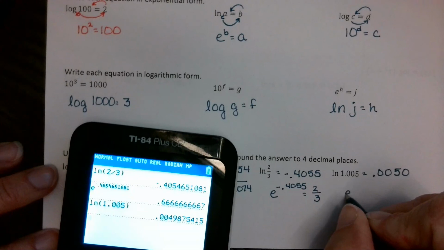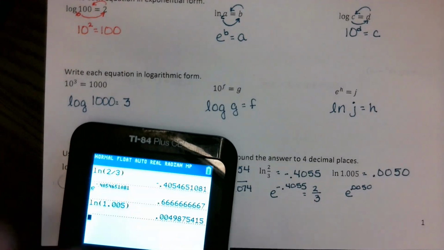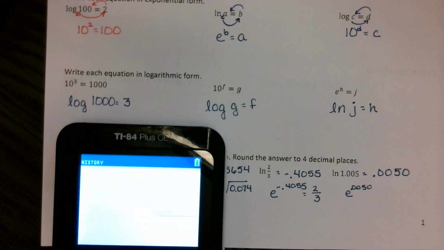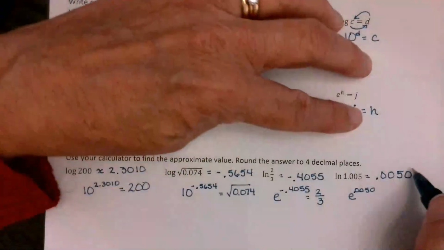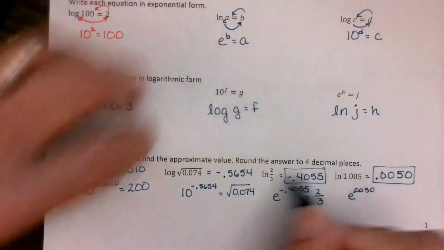So again, this is e to the 0.0050. It's really not, it's really this number. But just to check it, it gives us that number right there. Okay, so these are the answers to that. I was just showing you what that means.